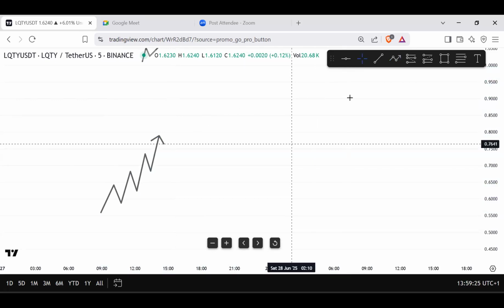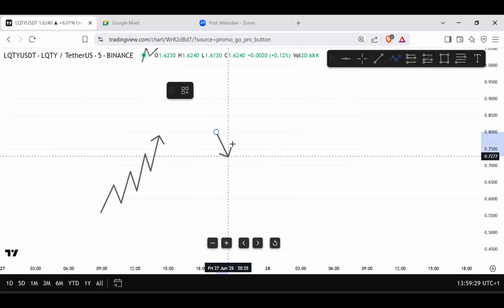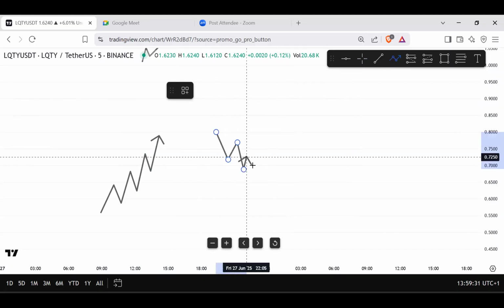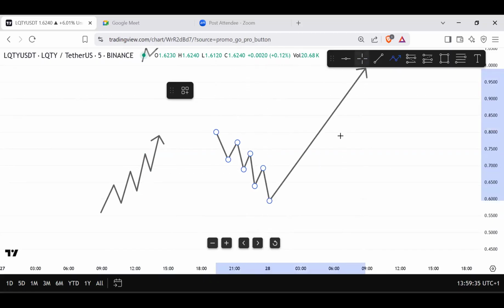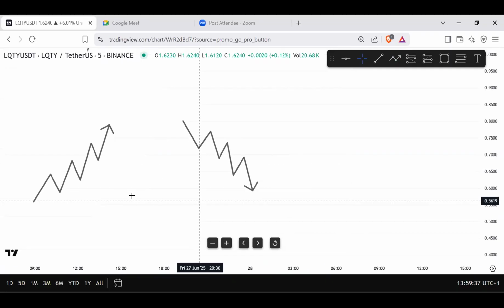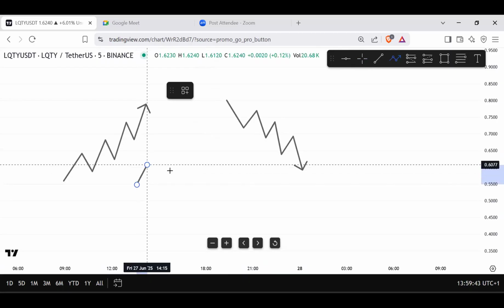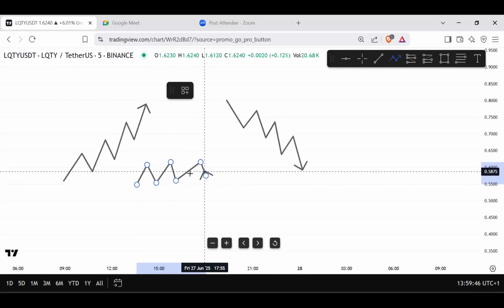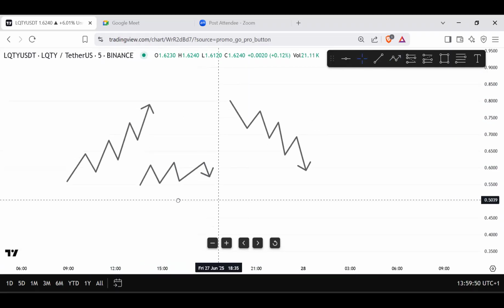It is either giving us a bullish impulse or a bearish impulse. That's a bearish one. Or just sideways. So only these three movements can happen in the market.